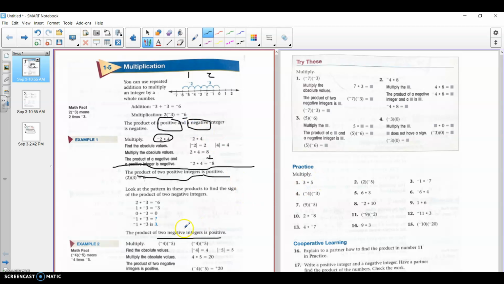One more example to go and we'll be done here. Multiply -4 times -5. Notice that these are in parentheses. They don't have the little dot to indicate multiplication. Two numbers in parentheses that are close together indicate multiplication. So 4 times 5 is 20. Again, you're going to use that multiplication chart.